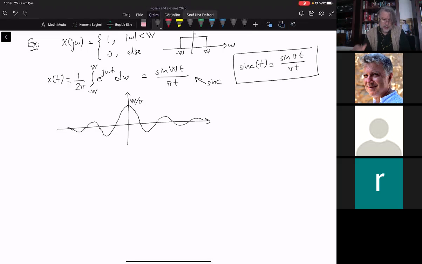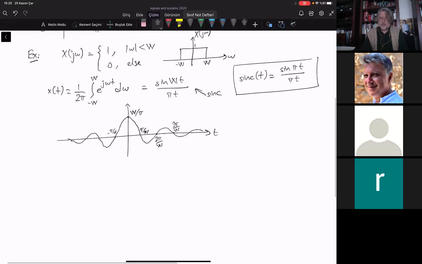And that makes the time t equal to pi over w, because w times pi over w will be pi, so the angle will be pi, and sine of pi is 0. So this is pi over w, and this is 2 pi over w. This is 3 pi over w. This is minus pi over w, etc. It goes on like this. This is the sinc shape.